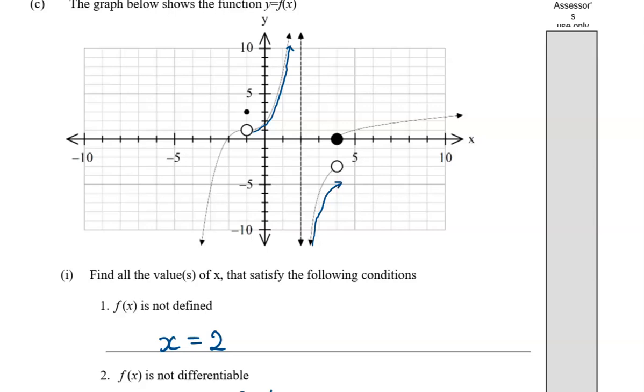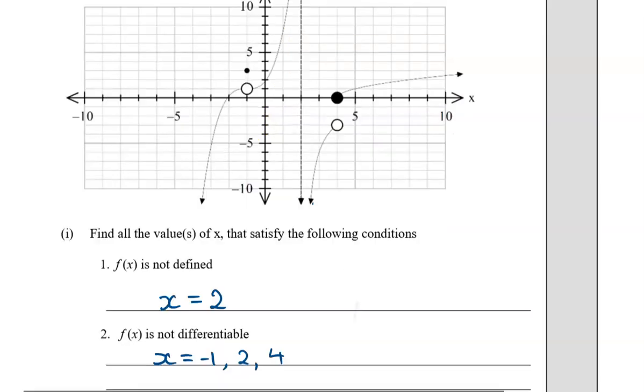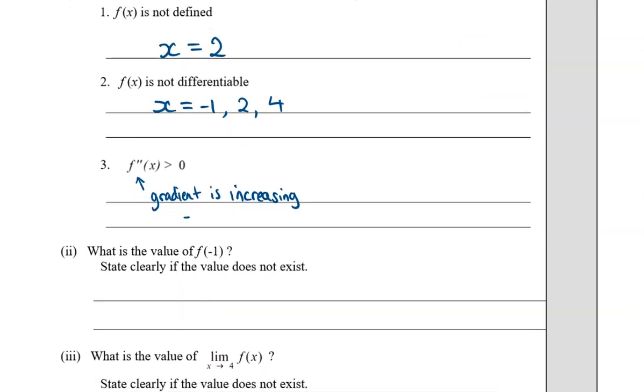It's tailing off. So not this bit. And then if we look at this bit, as we move along, we're going shallower, shallower. So that gradient is decreasing. The bit that we're actually looking for is just this piece here. So that's between minus 1 and 2. That'll be minus 1 up to 2, not including, because we had a strictly greater than 0 situation.